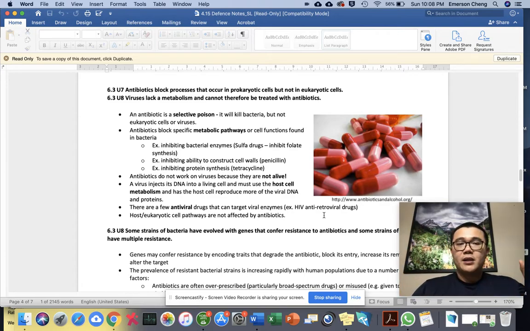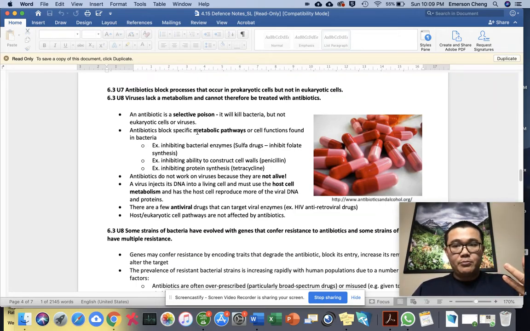Now, antibiotics. Keep in mind, they only work on bacteria, prokaryotes, and not eukaryotes. Because of that, they only focus on the mechanisms and metabolic pathways that prokaryotes use, not the ones that eukaryotes use.